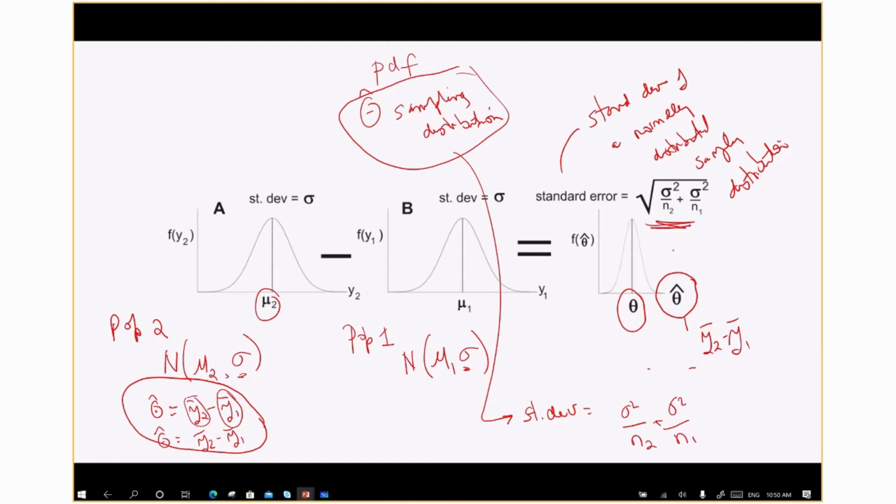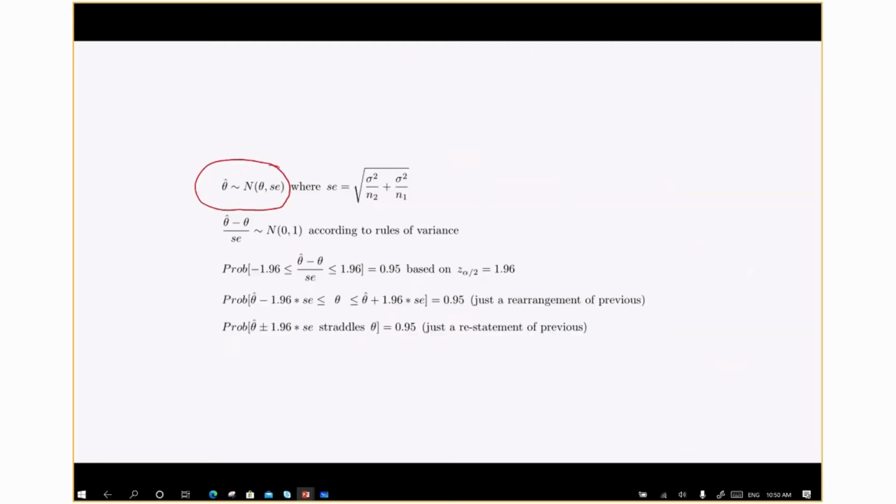But since this is a sampling distribution, we can refer to our standard deviation as a standard error. So that's what this is saying: the distribution of all possible estimators of the difference between two means is normally distributed with mean equal to the true difference in population means and a standard error that's given like this.